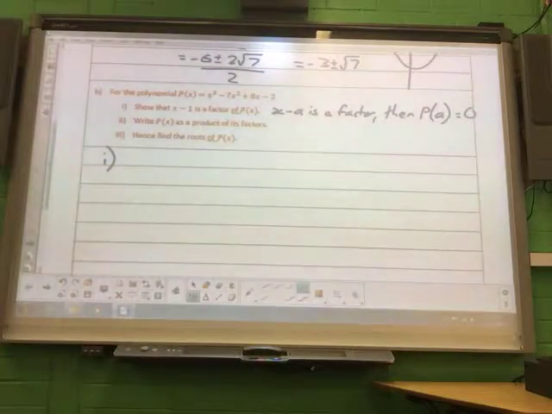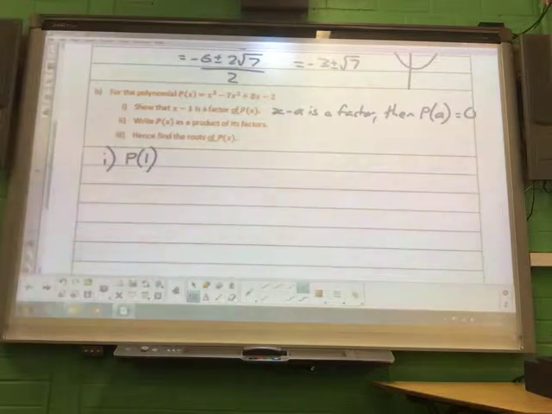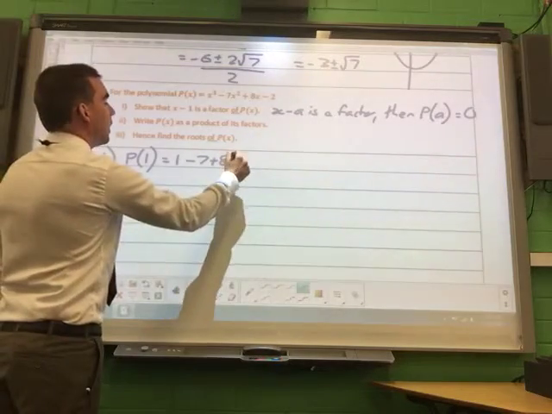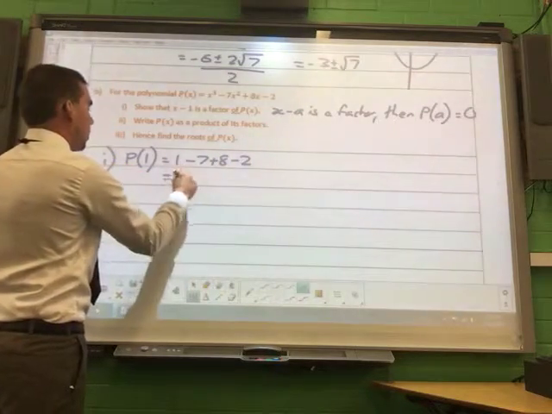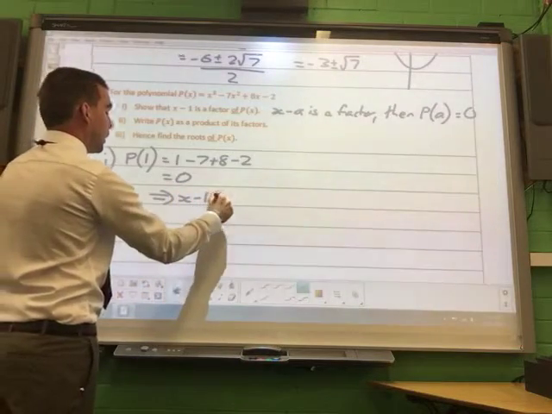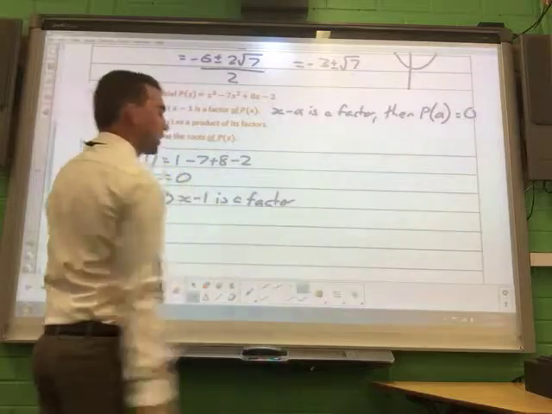So x take away 1 is a factor, so we need to show that p of 1 is 0. So 1 take away 7 plus 8 take away 2 is 0, so that implies that x take away 1 is a factor.